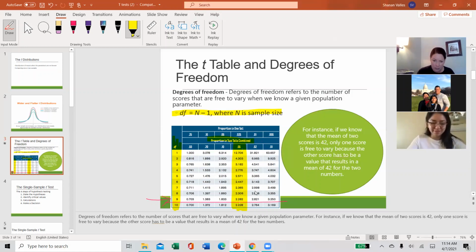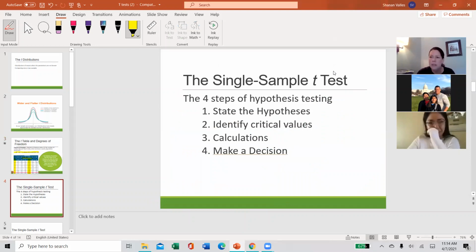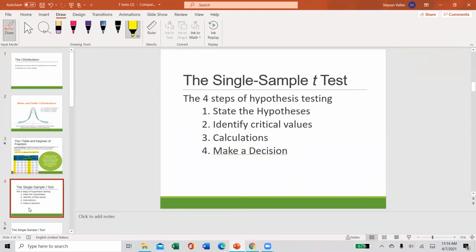Okay, so I think when we go through an example right here, it'll make more sense. I'm going to minimize myself here real quick, just so I don't have to watch myself. Okay, the single sample t-test. Not just the single sample t-test, all of our hypothesis testing is going to have 4 steps.